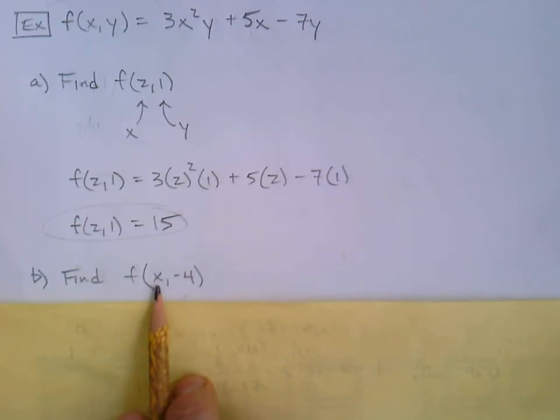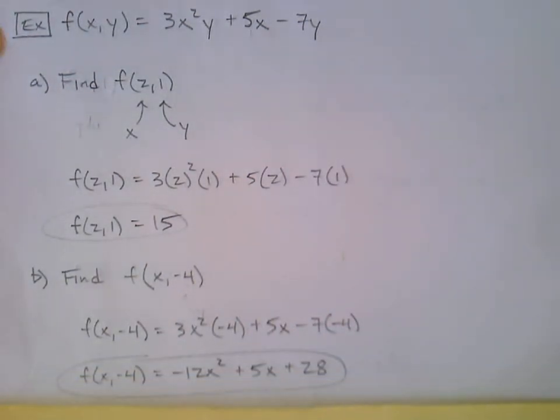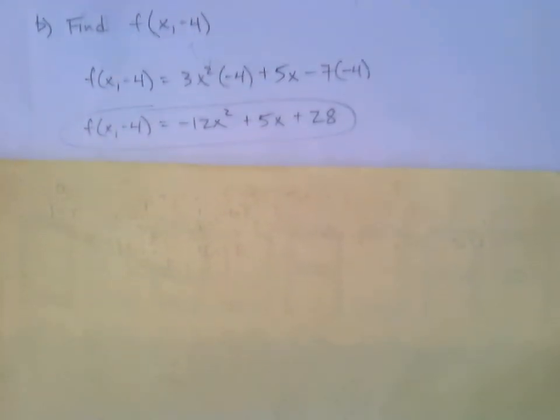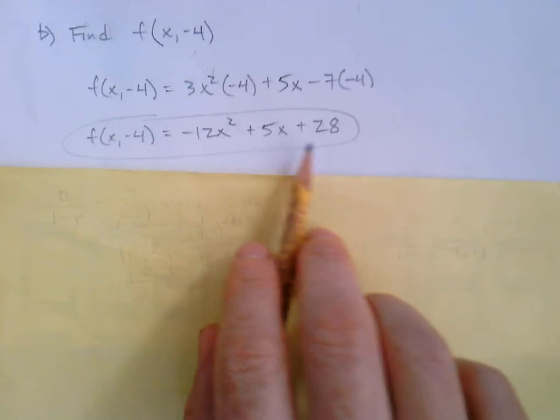It's almost like you're plugging in x for x, so you're not changing that, and only the y. So if only the y becomes negative 4, we get 3x squared times negative 4 plus 5x minus 7 times negative 4. And what are we going to get? Negative 12x squared plus 5x plus 28.